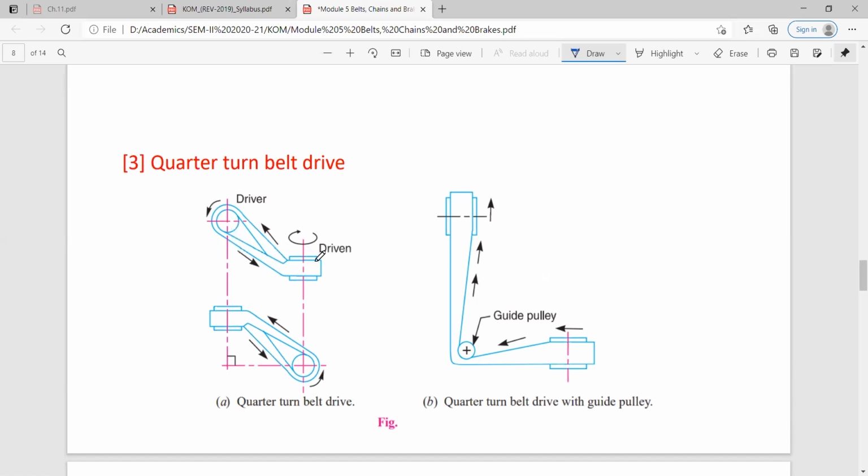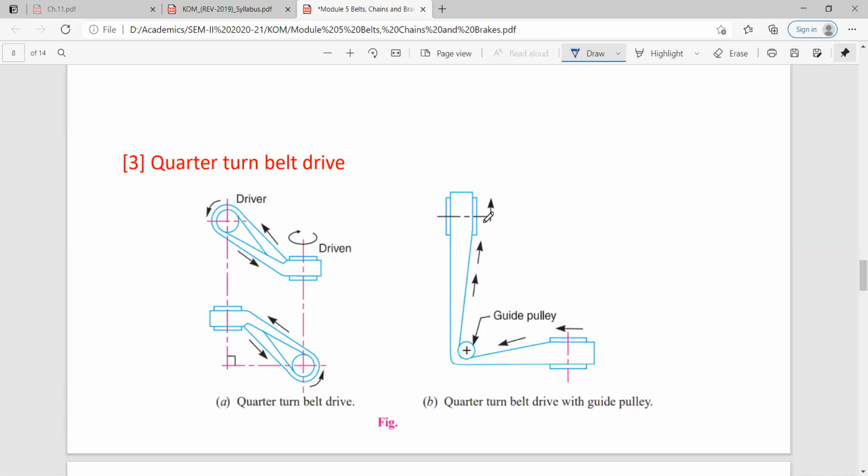Okay, then quarter turn belt drive with guide pulley. So with the help of a guide pulley you can give a proper direction to the belt, so that you can transmit the power in the desired layout of the shafts. So here both the shafts are in the same plane.